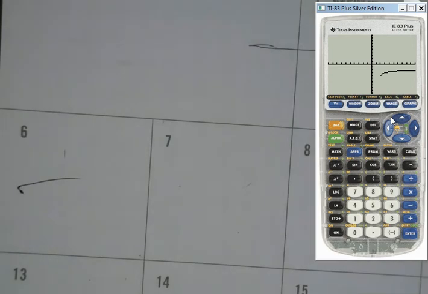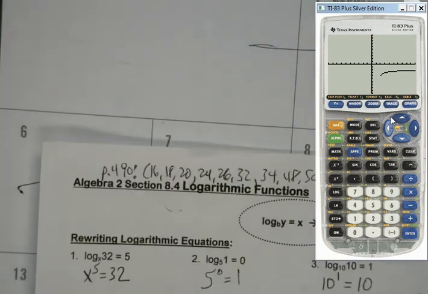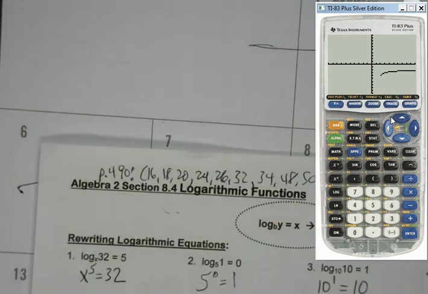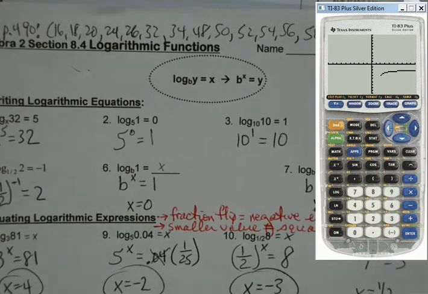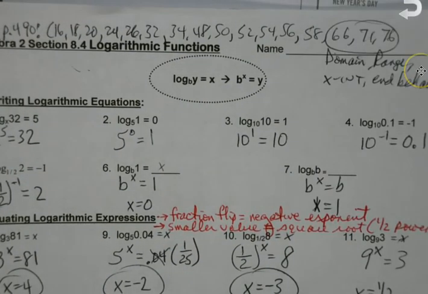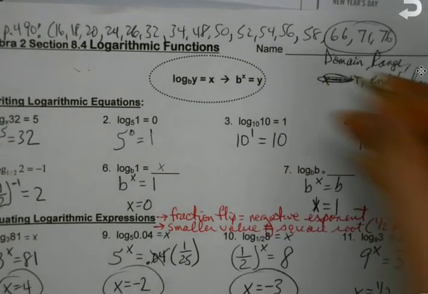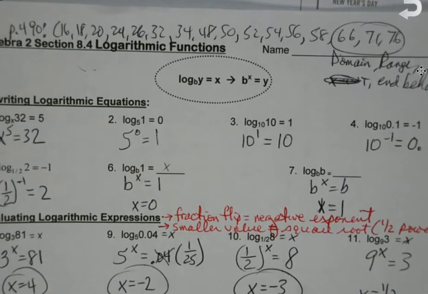So the assignment itself, I'll put it here too. I think I can squeeze it in, especially if I wipe the calculator out here. The last 3 problems, you're asked to graph the logarithm, and I just want you to find the domain, the range, and the end behavior.